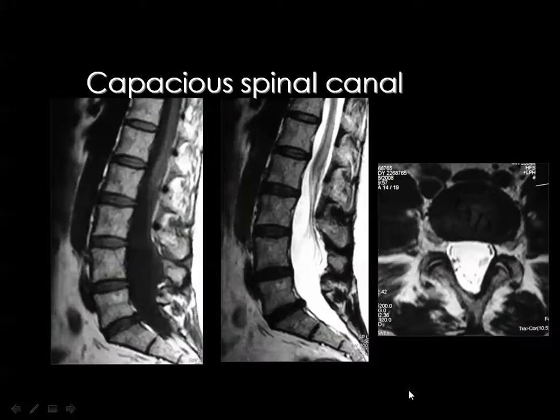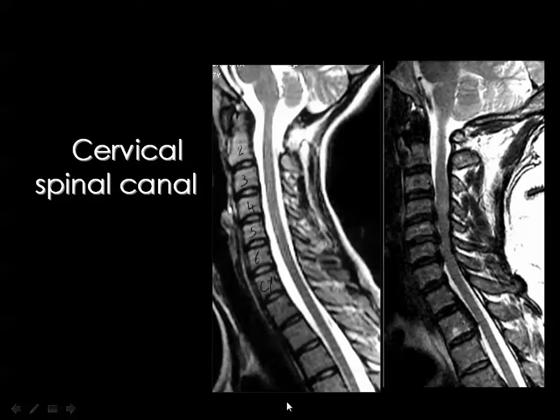This is an example of capacious lumbar spinal canal, where you can see that the diameter is too much increased. And you see here there is an ectasia of the thecal sac, with the posterior part of the sac not adequately supported by bone.